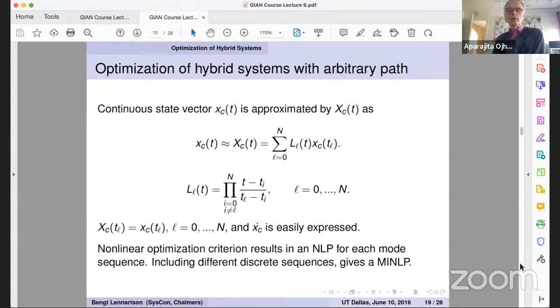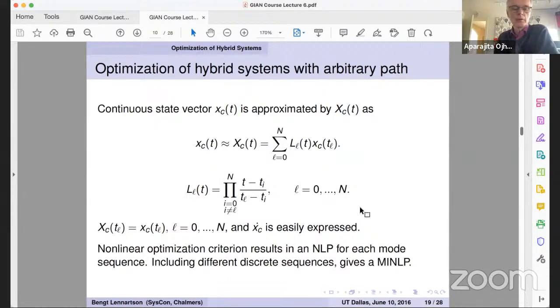And then it's possible to exactly satisfy your continuous state vector, not at all times, but at specific time instances, T0, T1, T2, T3, etc. And this Lagrange polynomial looks like this, and you see that this L is a product of different terms.